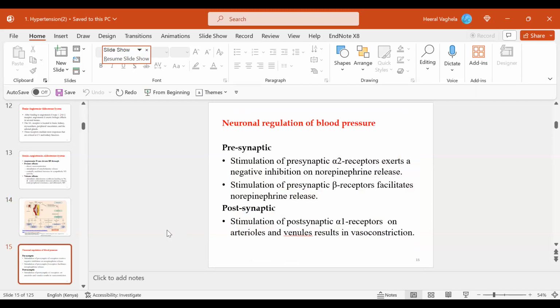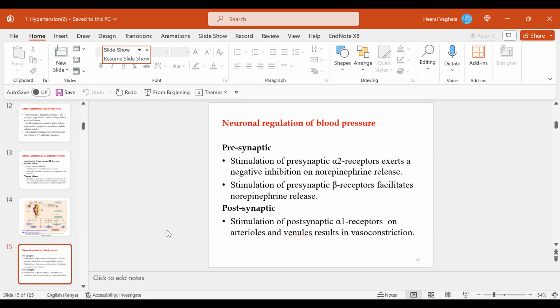So when you want to regulate your blood pressure, there are different receptors like the alpha 2 receptors, which exert a negative inhibition when norepinephrine binds to them. And when they bind to beta receptors, it stimulates.